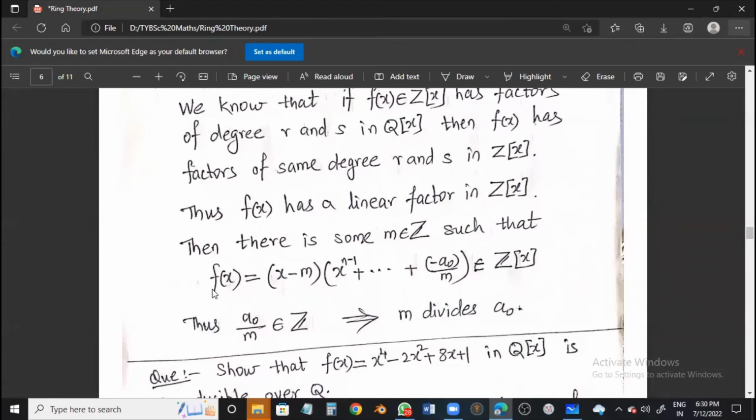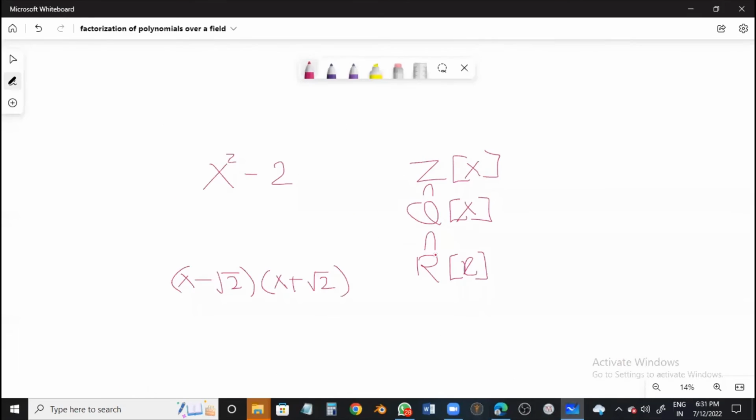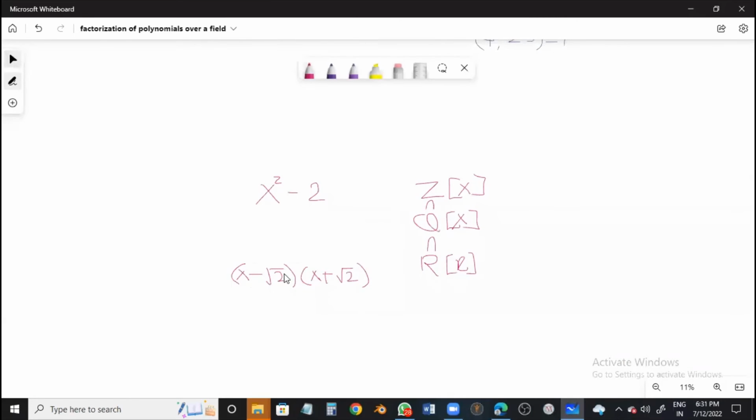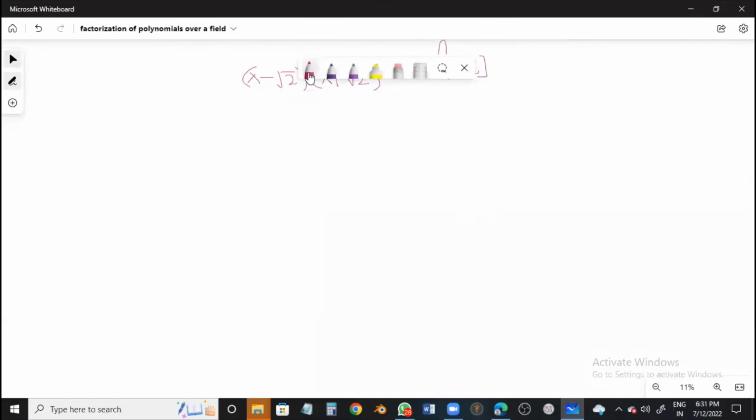One more thing, talking of the constant term. See, suppose I am having x raised to 7 plus 10 x raised to 6, something like this, plus and so on. And the constant term I have is plus 3.